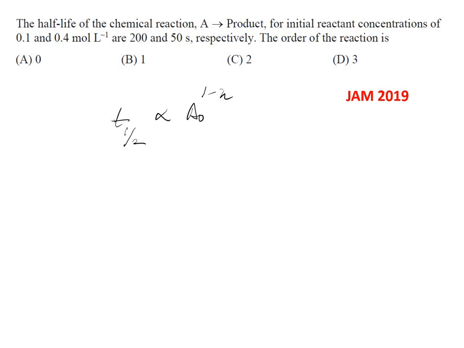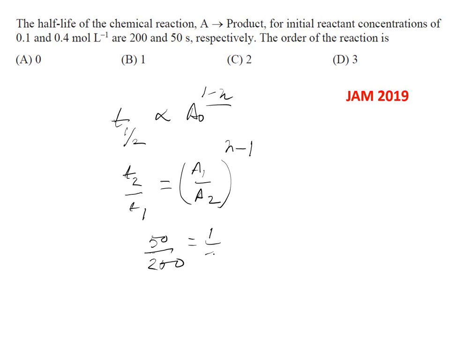Now you can think of it this way. Let us suppose that t2 and t1 are the two half-lives. Then t2 over t1 equals [A]1 over [A]2 to the power n minus 1. Now everything is given. The t2 and t1 are given as 50 by 200, so that means 1 by 4.